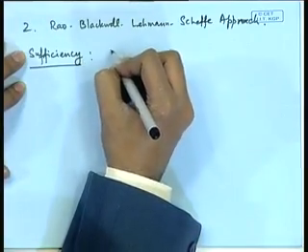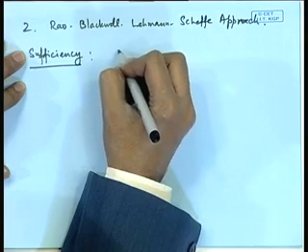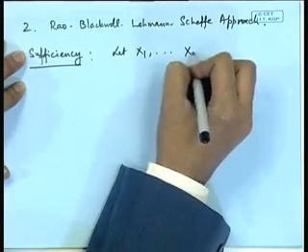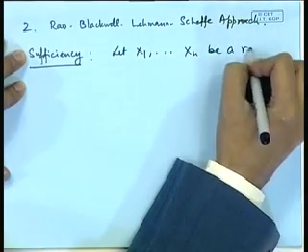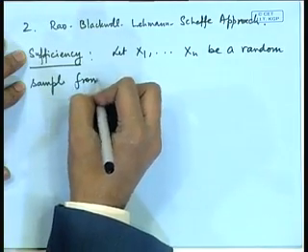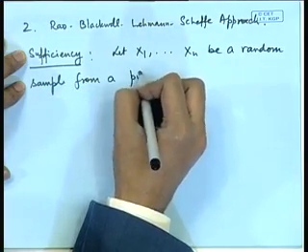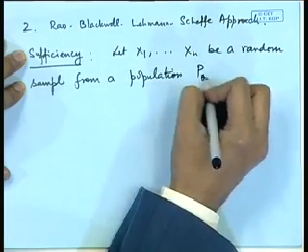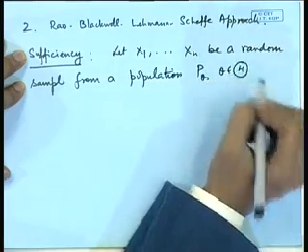So, we have the regular model that x1, x2, ..., xn is a random sample from a population, say p_theta, theta belonging to script Theta.